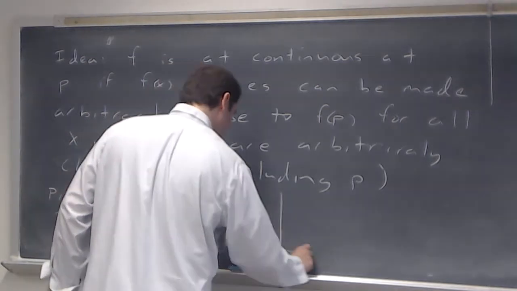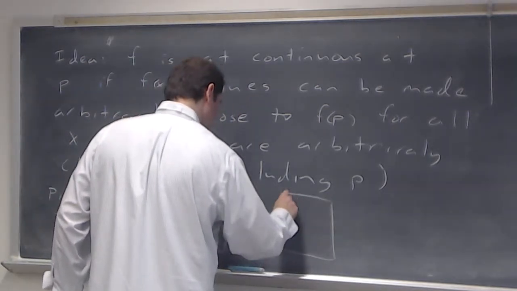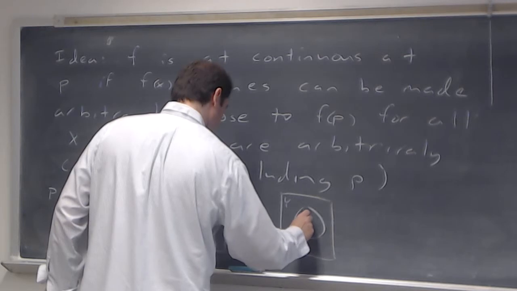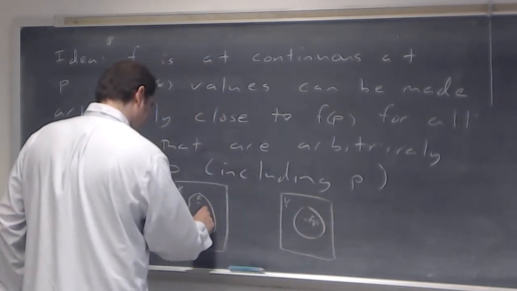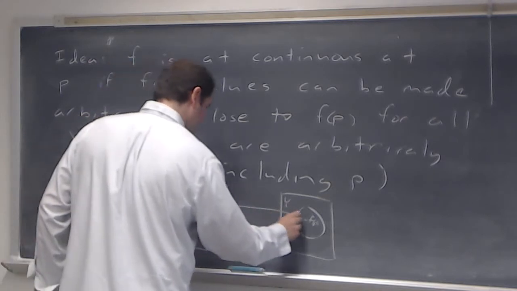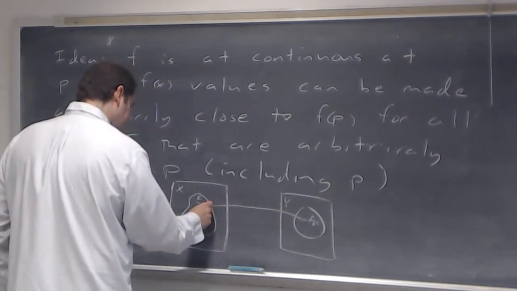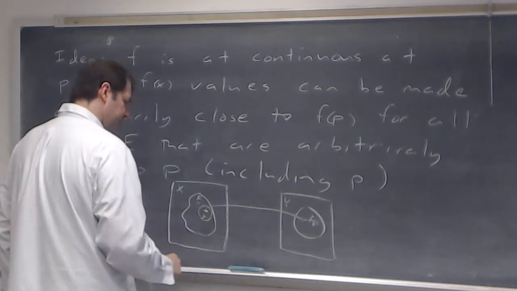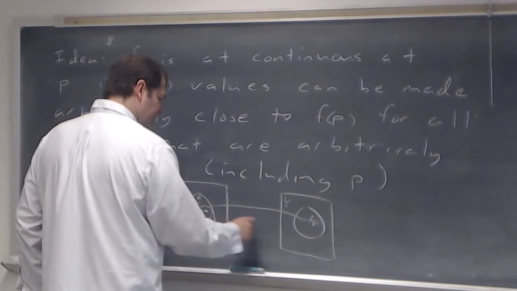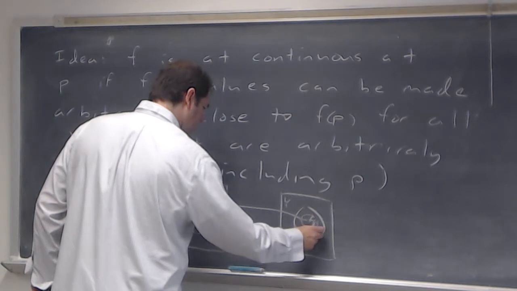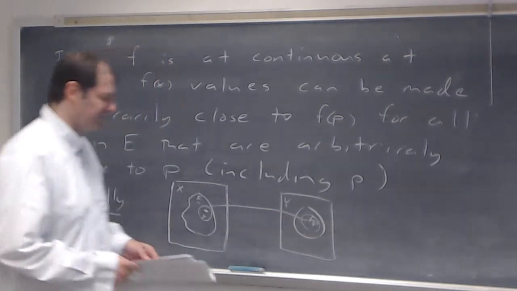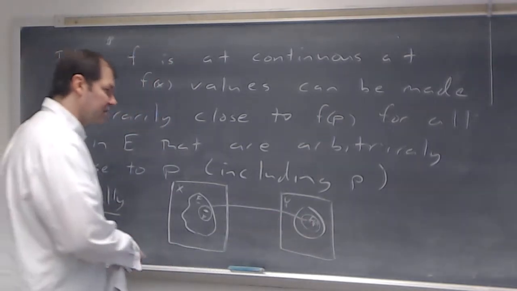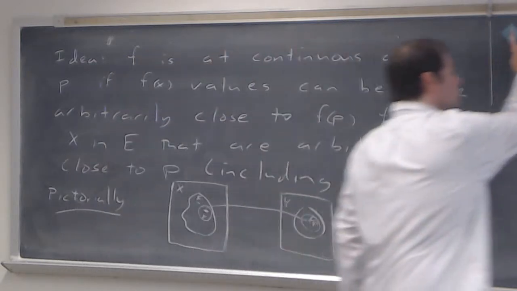And here's Y. And this is f of p, which exists, because p is in E. What we're doing is, if I take some little region about p, every point in this region is mapped to some close region to f of p. So things very close to p get mapped to things very close to f of p. Let's look at an example or two.